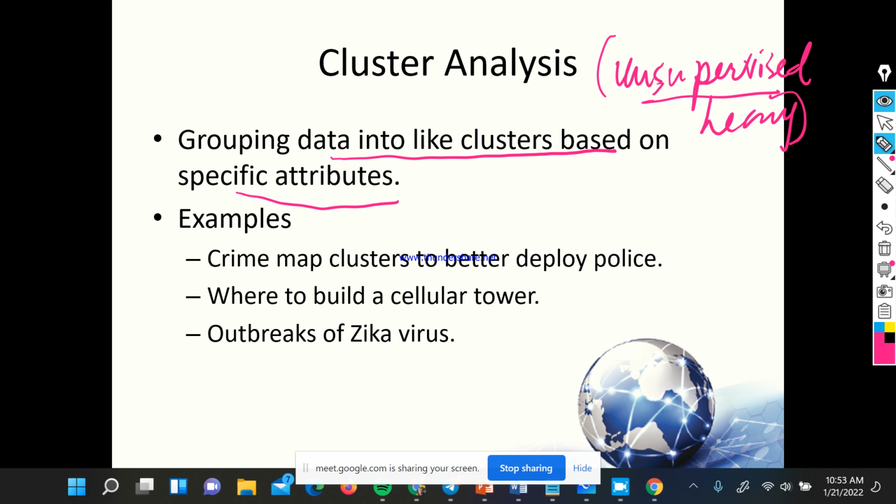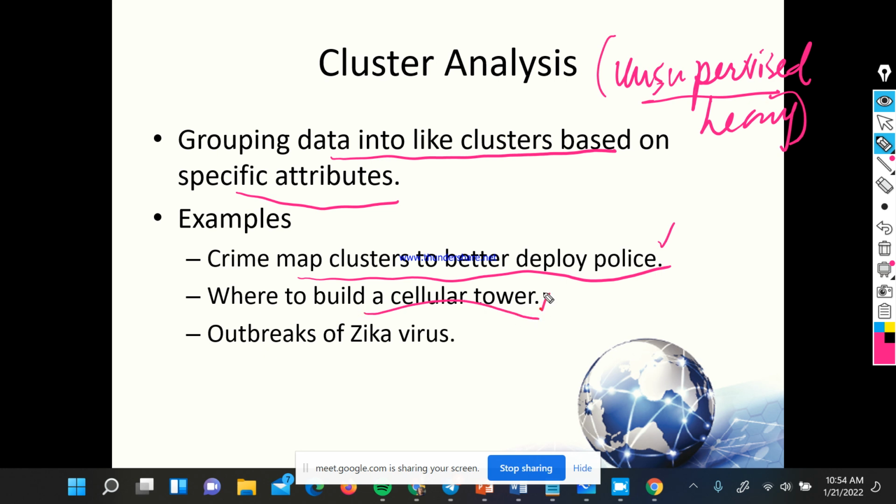We have certain mathematics to apply to cluster them. For example, crime map clusters to better deploy police. That means police may be deployed at a particular place on a particular date and moment, because the system is suggesting that there is a possibility the crime rate will be high. So it's actually helping decision making.